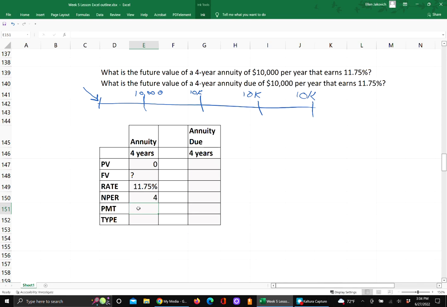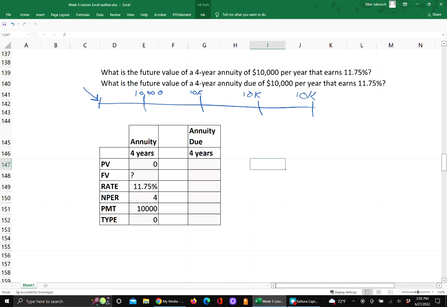So this payment of $10,000 is a positive $10,000. Now, what type is it? Well, an ordinary annuity is type equals 0. So we put in a 0. Now, a good way to remember that is the O in ordinary looks like a 0. So O and 0 go together. So here's our numbers.